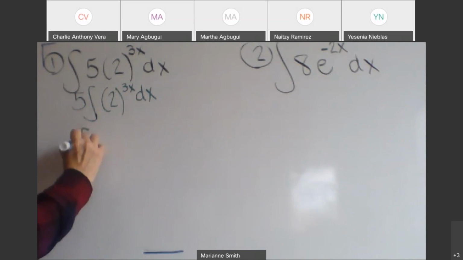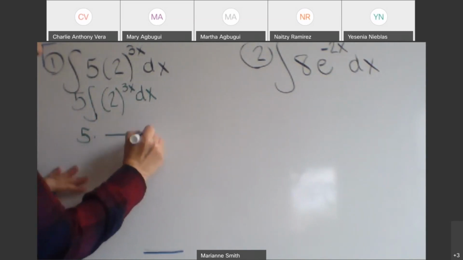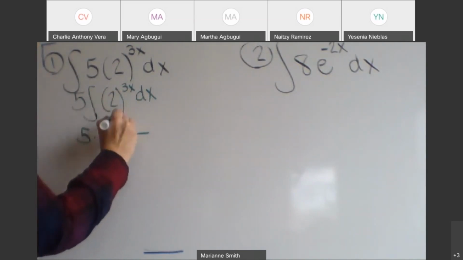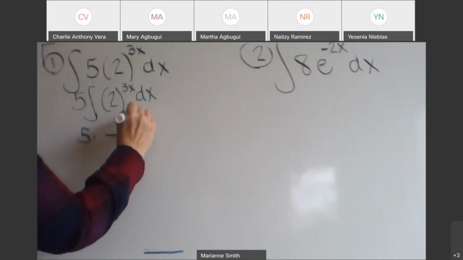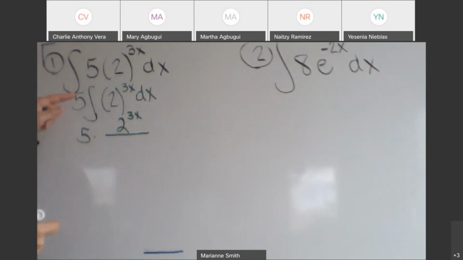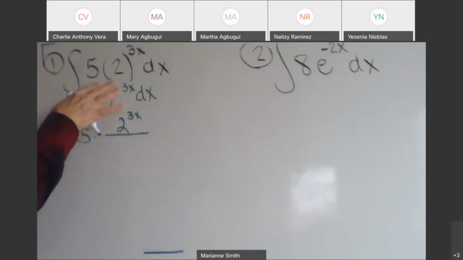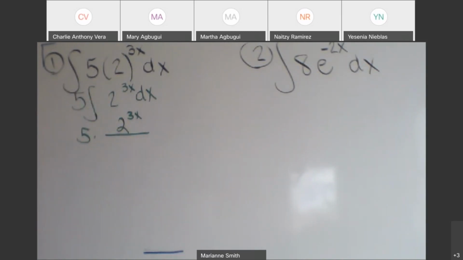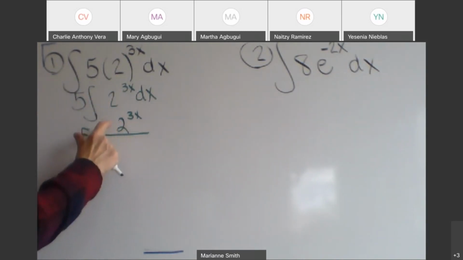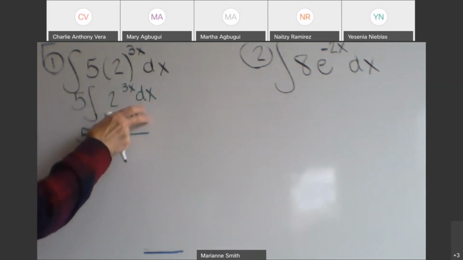Here's the 5 out here. Pattern says you have a fraction bar. The original exponential 2 to the 3x goes on top. And again, I don't really need the parentheses anymore. They were pretty much showing me that 5 is multiplying that exponential. So once I get the 5 out of the way by putting it outside the integration sign, I don't need the parentheses anymore. So I have 2 to the 3x, that's the exponential.